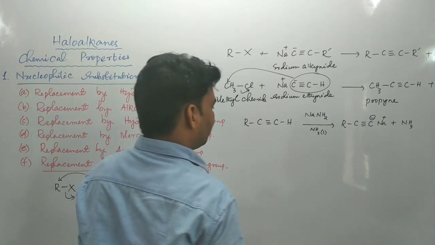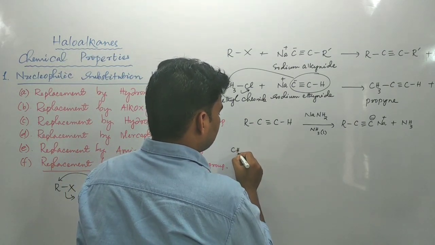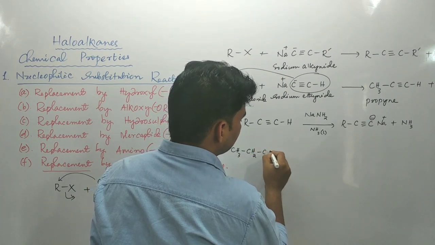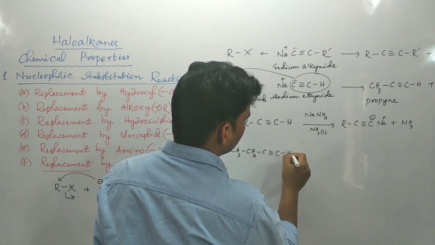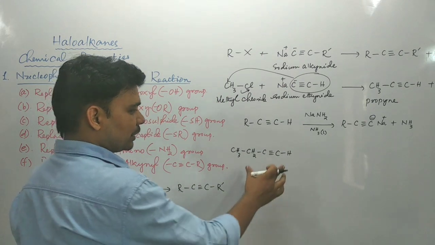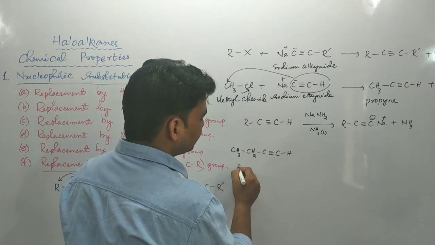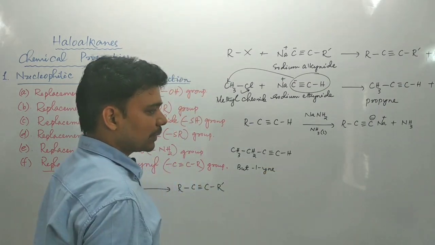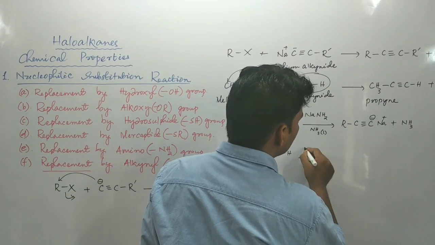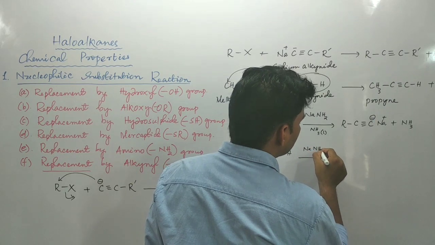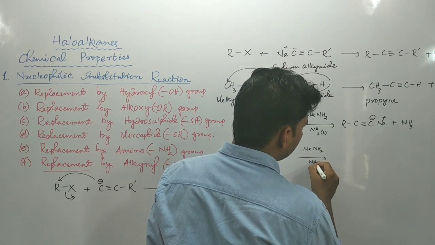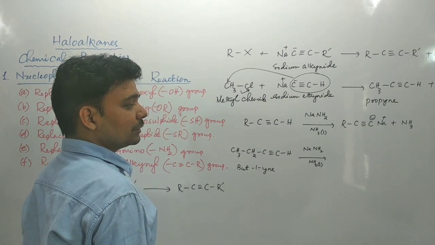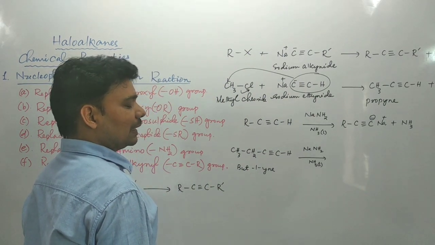Let us take another example. CH3CH2-C≡CH. This is one terminal alkyne, but-1-yne. When it is treated with sodamide, NaNH2 in the medium of liquid ammonia, you will get the corresponding sodium alkynate.